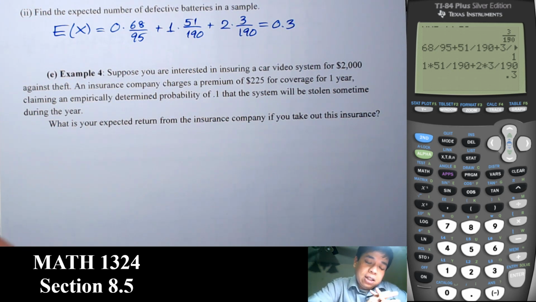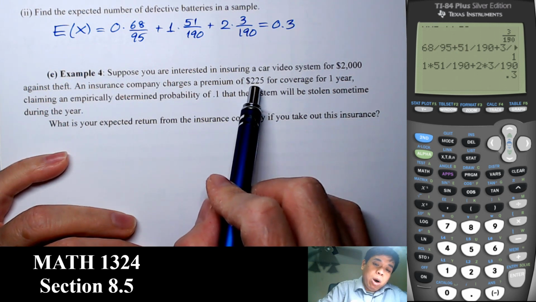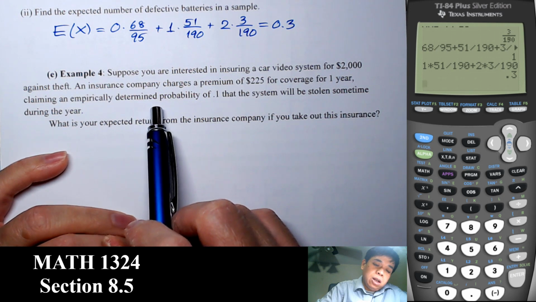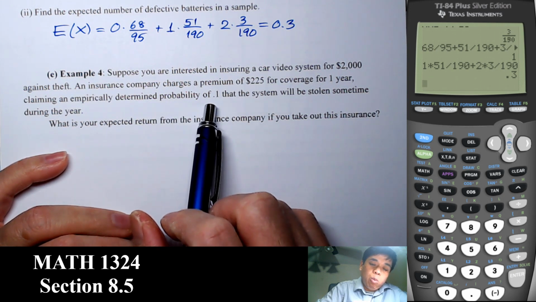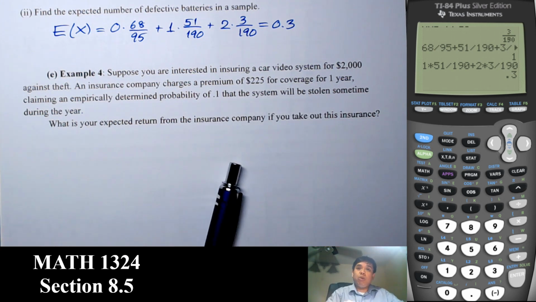Right, next let's go to this example. Suppose that you are interested in insuring a car video system for $2000 against theft. The insurance company charges a premium for 1 year, claiming an empirically determined probability of 0.1, meaning 10%, that the system will be stolen sometime during the year.